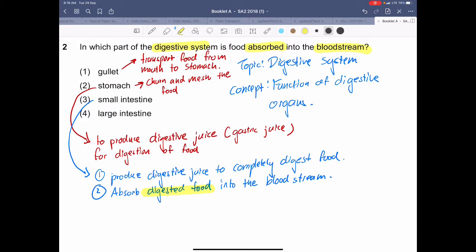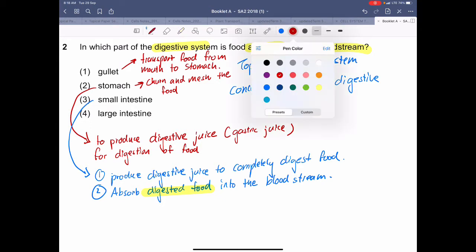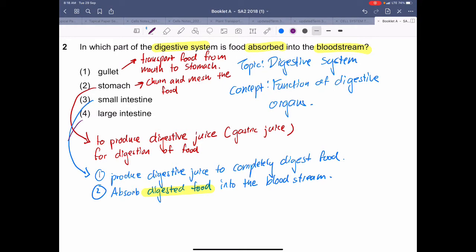And when it comes to the digestive system, we are looking at keywords like this. And then after that, we have your large intestine, which is to absorb excess water and mineral salts from undigested food.